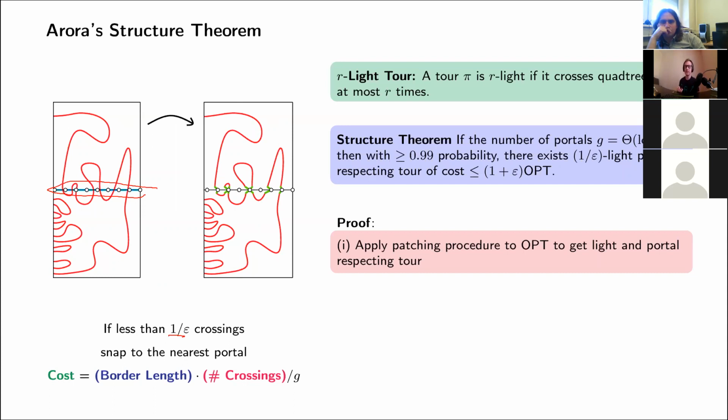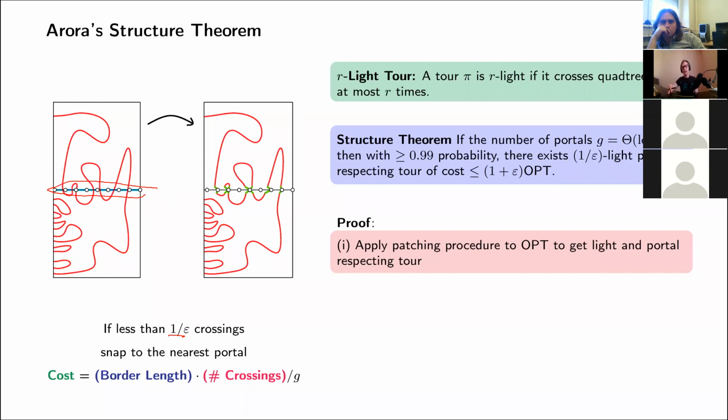So if the tour is crossing it less than 1 over epsilon times, we can also make it light. And the cost is basically the length of this border divided by g. So basically the distance between portals times the number of crossings, because for each crossing, we move it to the closest portal.